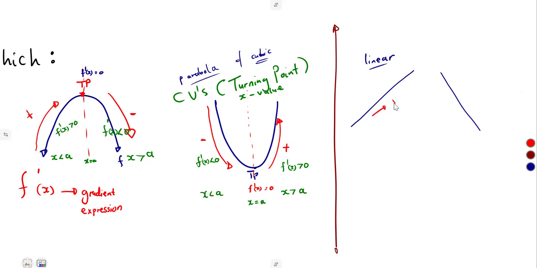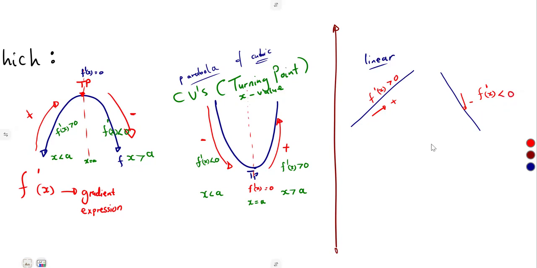Going down, it is negative, a decrease. So wherever it is going up, an increase, the first derivative is what? Greater than 0. Here, the first derivative is what? Less than 0.